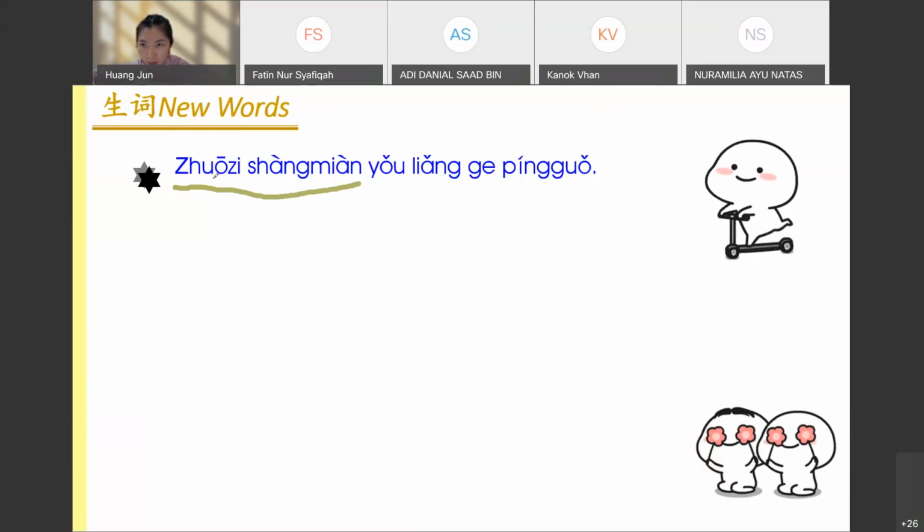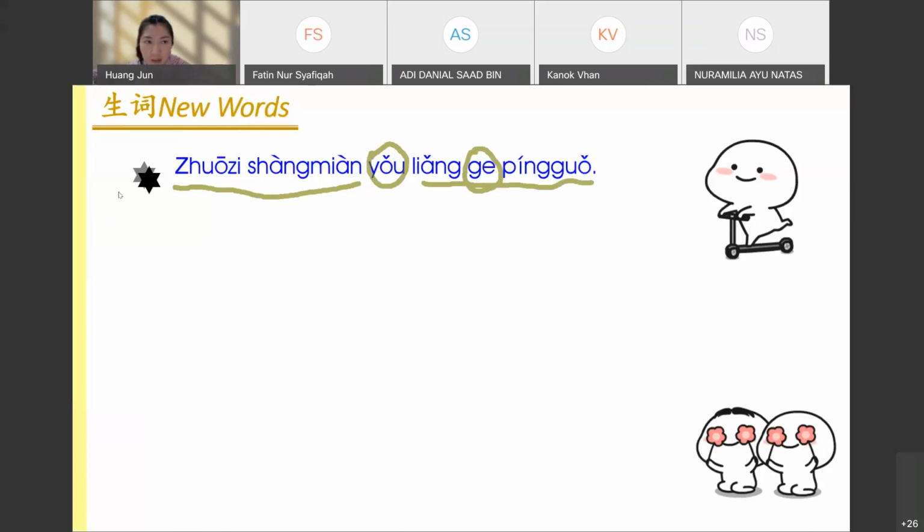I try to repeat more until you are familiar with it. Okay, on the table, 有 means have. Have 2个苹果, what's the meaning? When we use 个 in the sentence, it means we are counting the object. Then 2个苹果, very good, 2 apples over here.